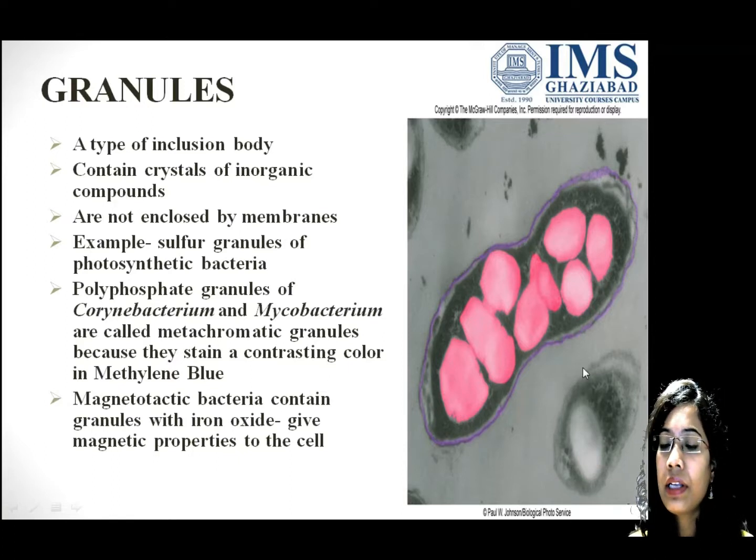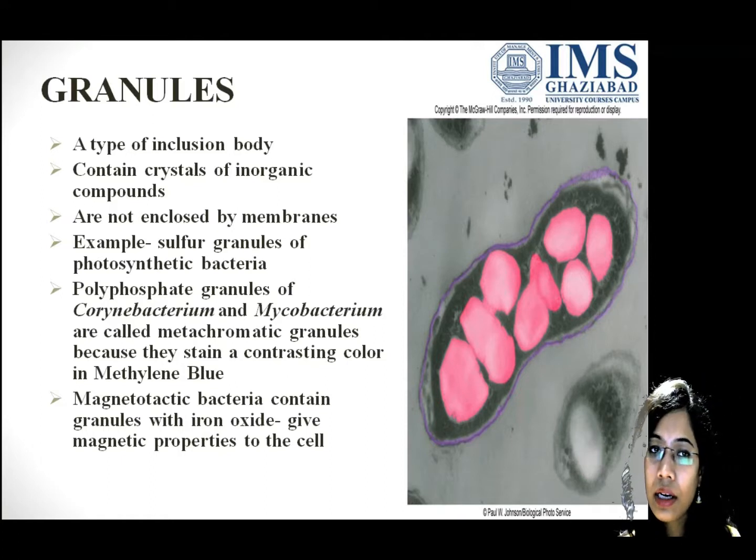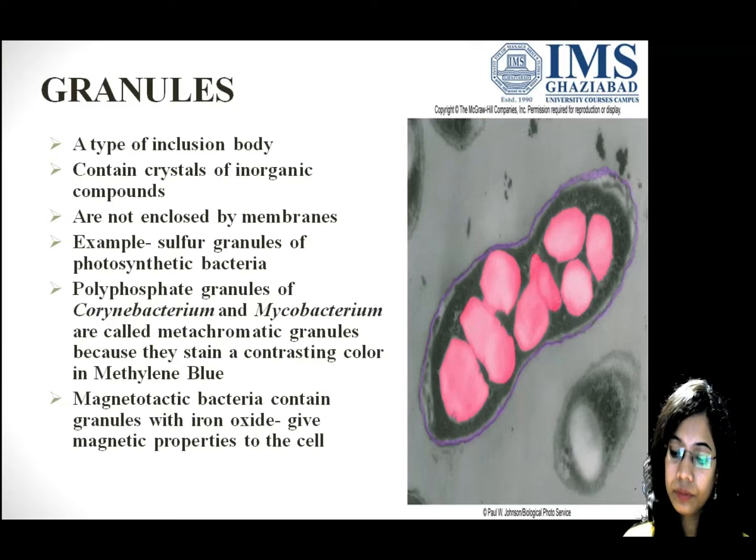In Corynebacterium and Mycobacterium, polyphosphate granules are present, which are also called metachromatic granules because they show a contrasting color with methylene blue dye. Magnetotactic bacteria contain granules with iron oxide, which give magnetic properties to the cell.